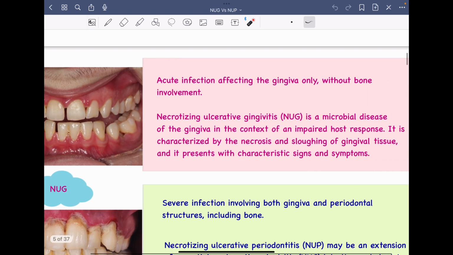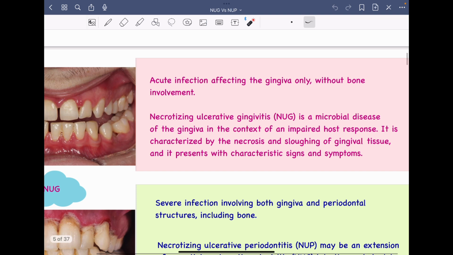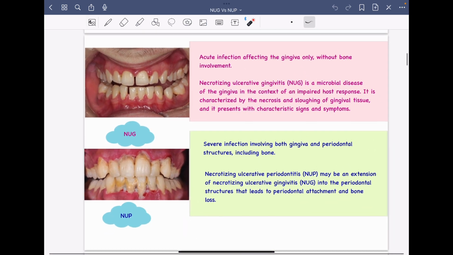So two important points, revising again. Impaired host response is the main culprit here, right? For example, in patients with any underlying disease. And the second is presence of necrosis and sloughing of the gingival tissue characterizes our NUG, right?